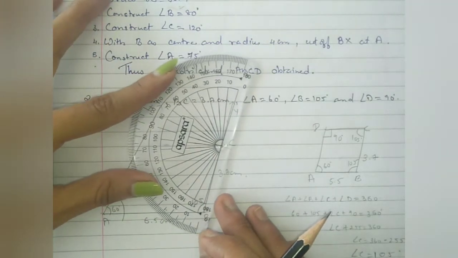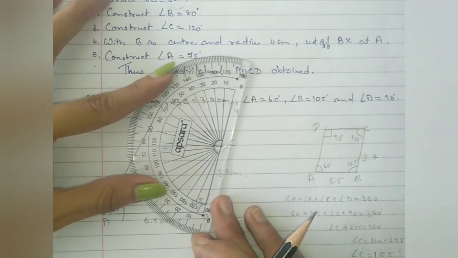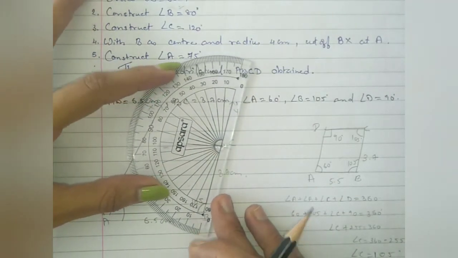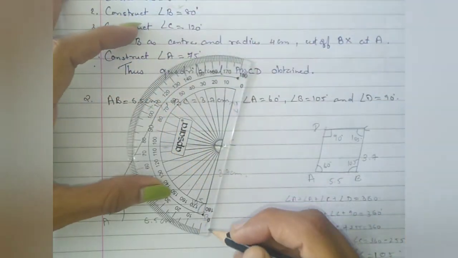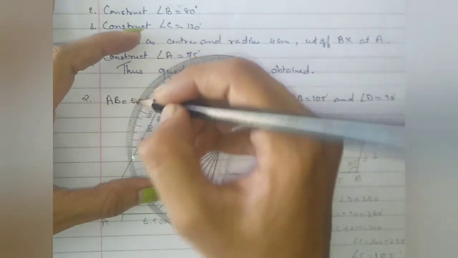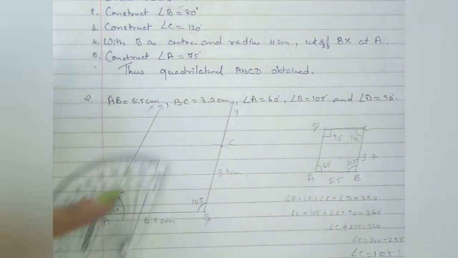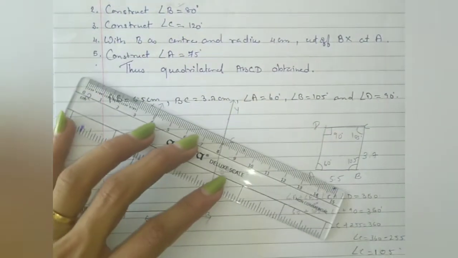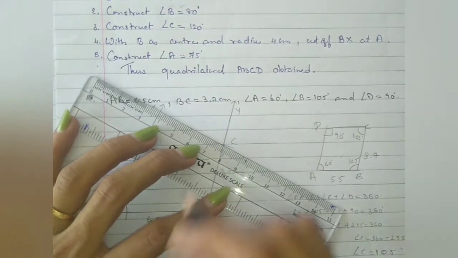So let us draw this angle C, that is 105. This 0 we have to take, so here it will come. So connect it.